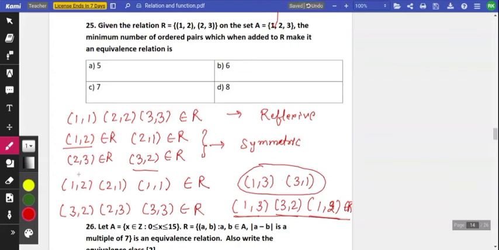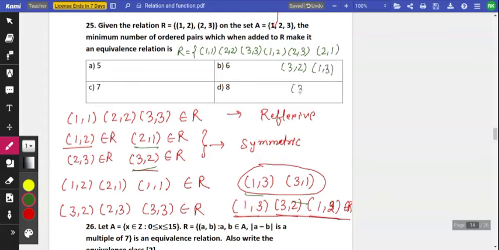So the relation is now R equals 1 1, 2 2, 3 3. The given ordered pairs are 1 2 and 2 3, and you have to add 2 1 and 3 2 to make the relation symmetric, and 1 3 and 3 1 also to make the relation transitive.